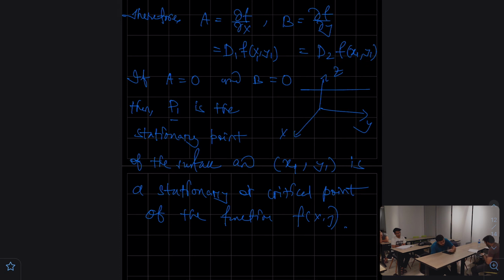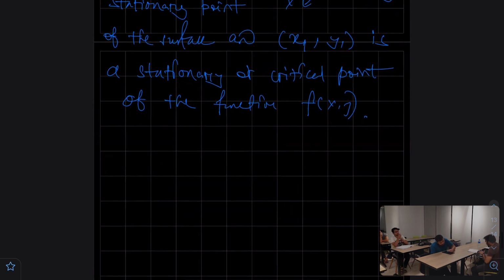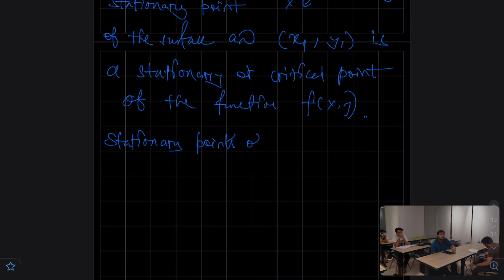So this can be generalized for arbitrary variables, and stationary points of a surface. So what kind of point satisfies this? There's not just one type. There are 3 different types that satisfy this condition.